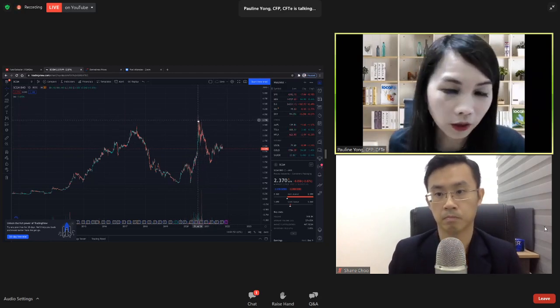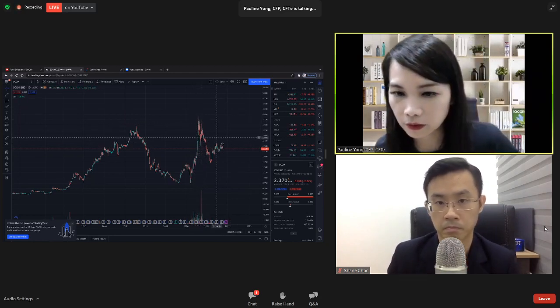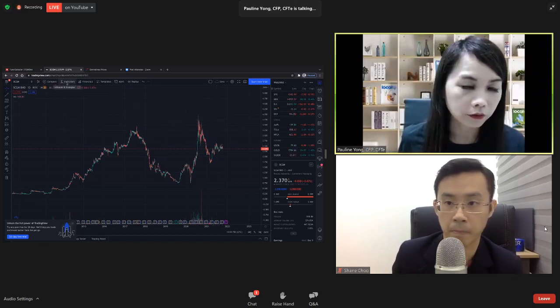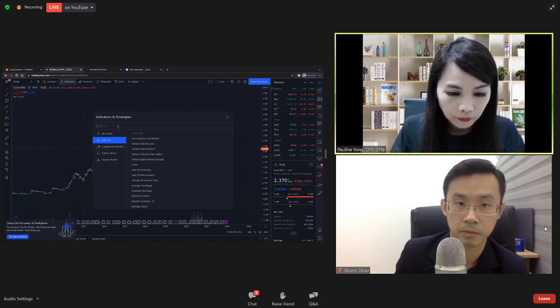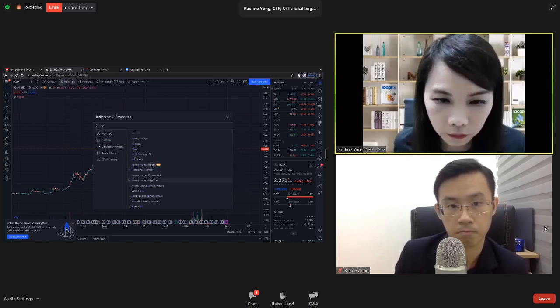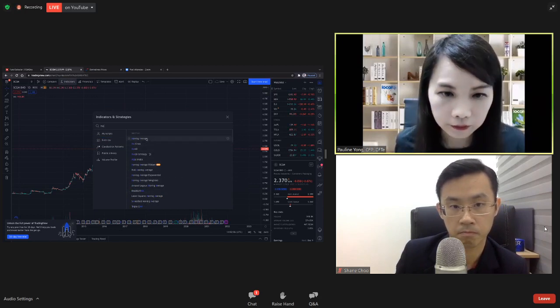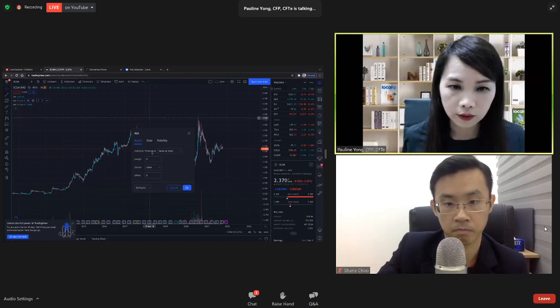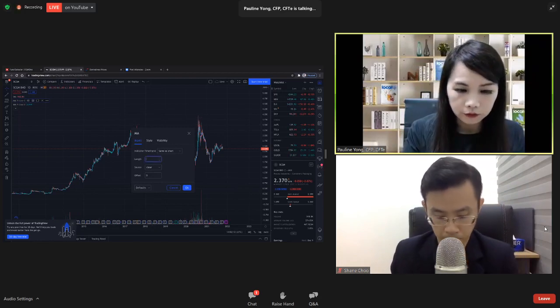So not so easy to pass this level, because I need to look at the 20-day and the 200-day moving average as well. So the MA lines, moving average line. So I need to see where is my 20 and my 200 day.